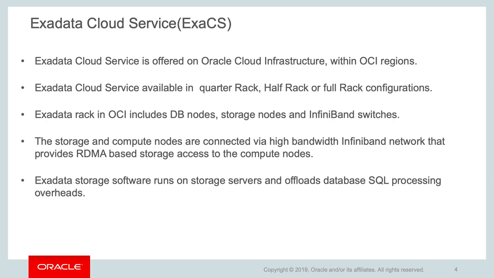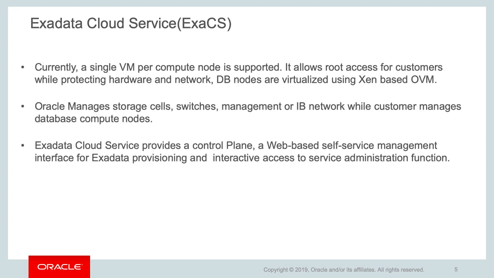Exadata storage software runs on storage servers and has the ability to offload database SQL processing to the storage tier. Currently, a single virtual machine per compute node is supported. It allows root access for customers while protecting hardware and network. Database nodes are virtualized using Xen-based OVM. Oracle manages the storage cells, switches, management, and IB networks, while the customer manages the database compute nodes.